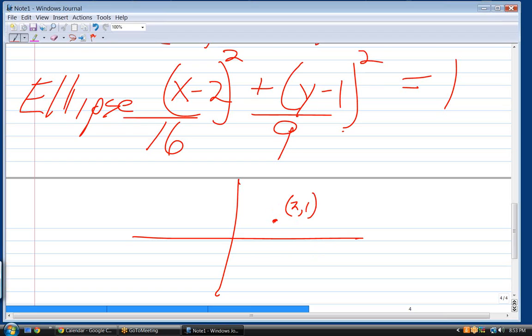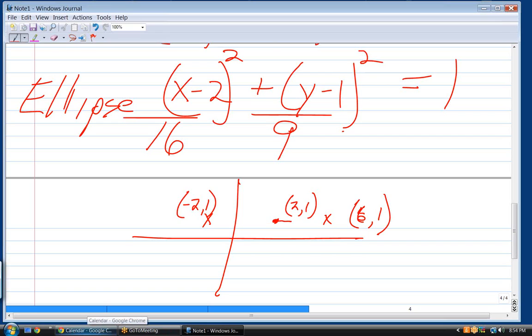And A is the distance from here, the center, to the major vertex. So this would be 4 units to the right. So the major vertex is going to be at 6, 1 there, and at minus 2, 1 over here.